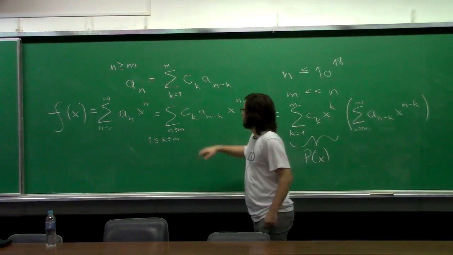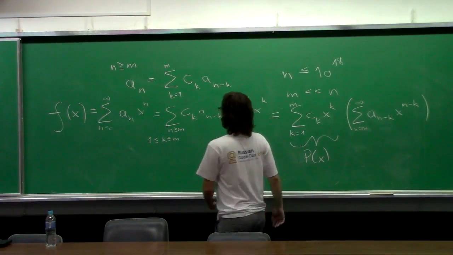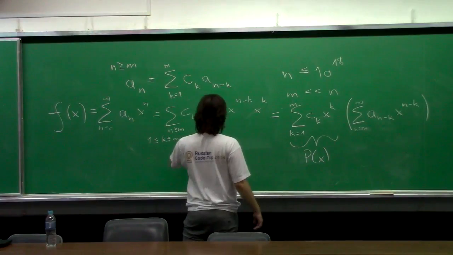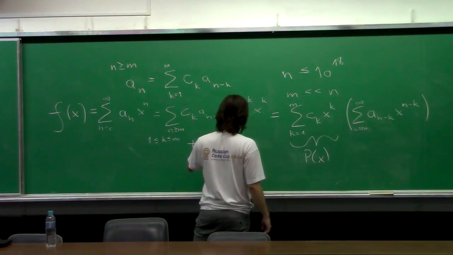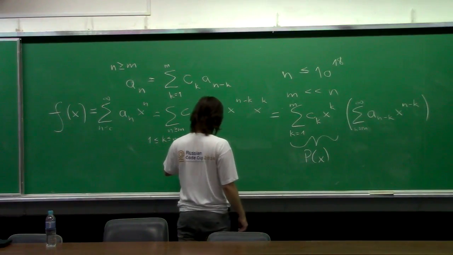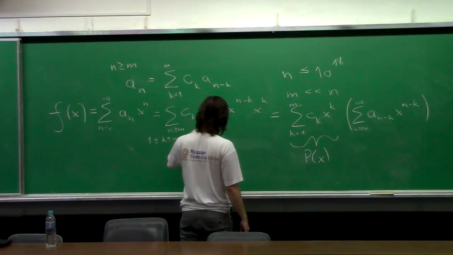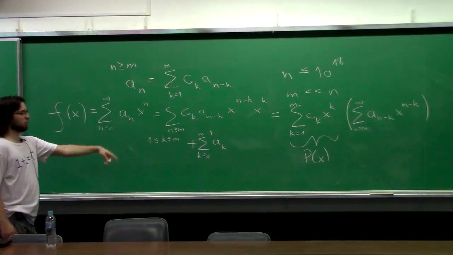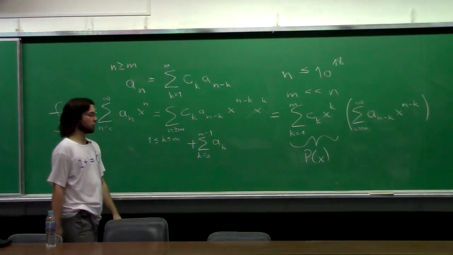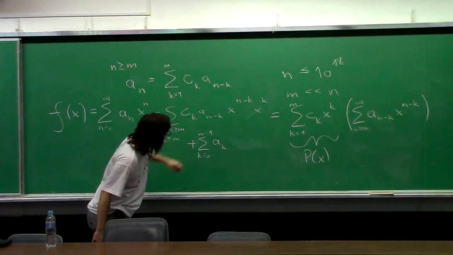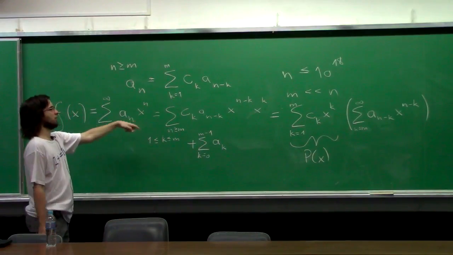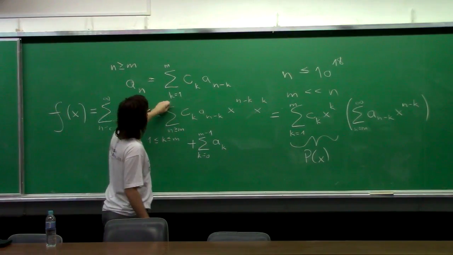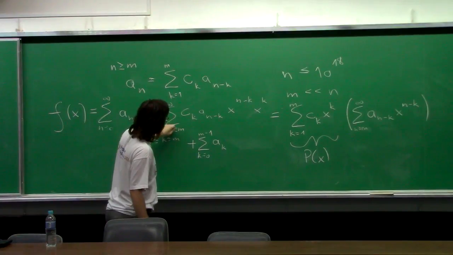Here we have a sum over n greater or equal to m plus a sum over k, where k is 0 up to m minus 1. So this sum can be split into the first m minus 1 terms, and the next terms m up to infinity.